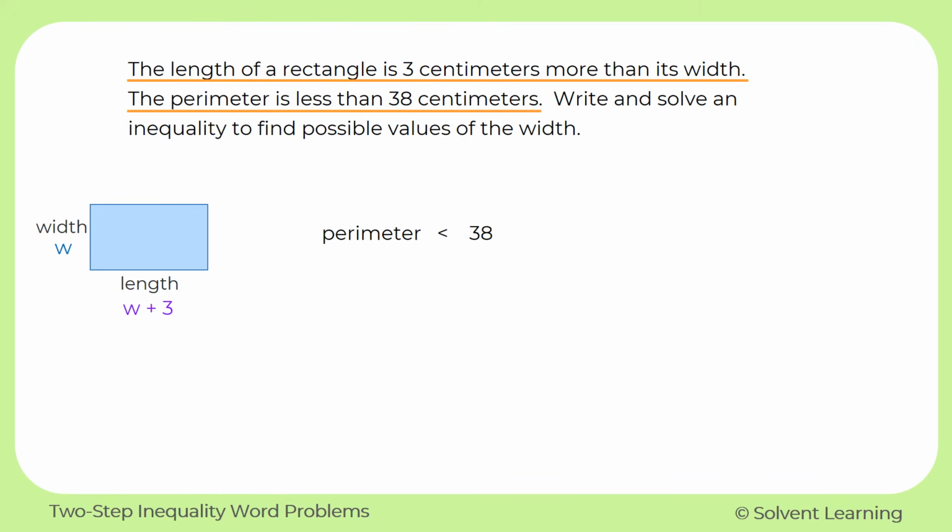Now let's think about what we know about perimeter. The perimeter is the sum of all the sides of the rectangle. If we add the lengths of all the sides, that equals the perimeter. If the left side of the rectangle is W, then the side across from it also has to be that same measurement.